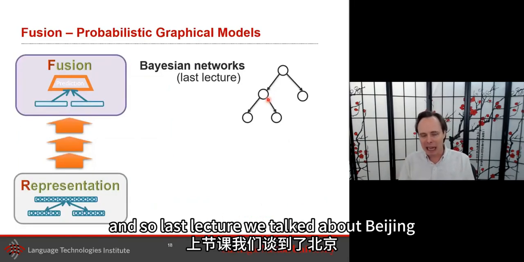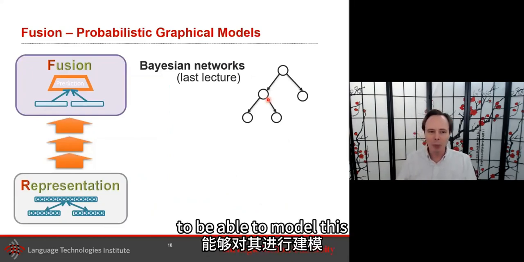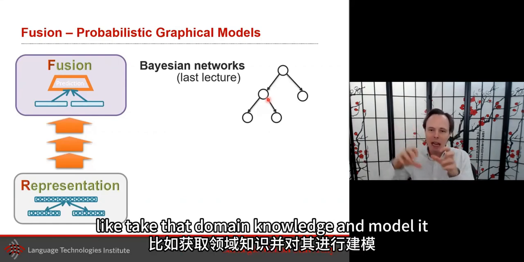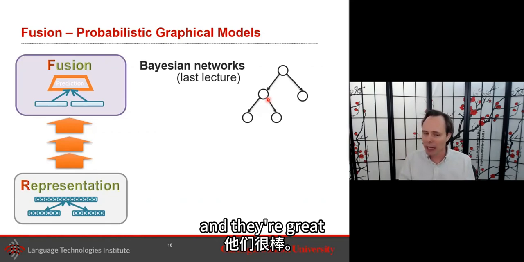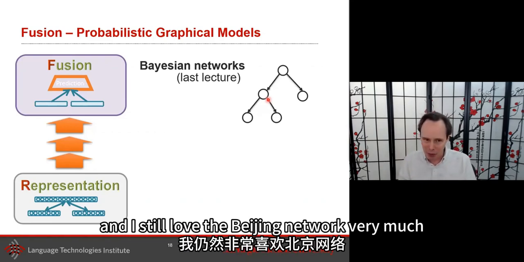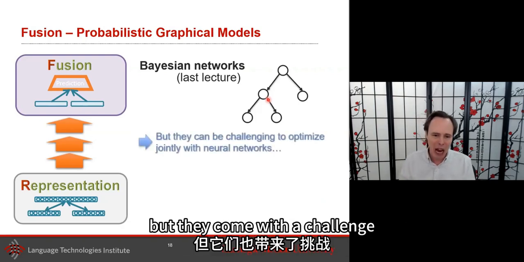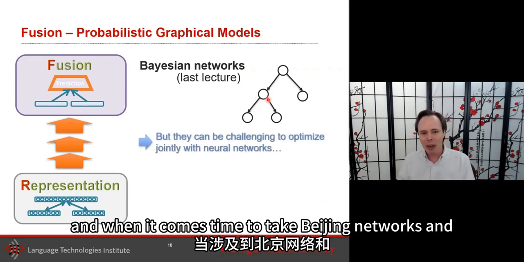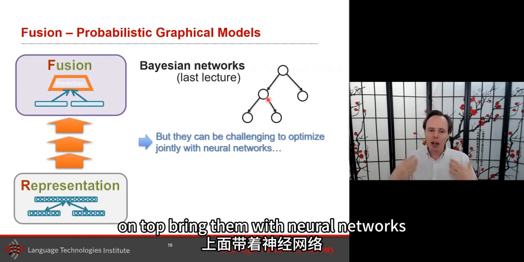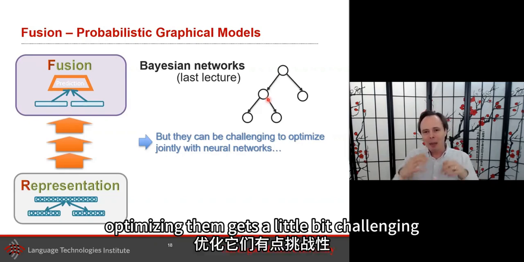Last lecture, we talked about Bayesian networks as a way to take that domain knowledge and model it. They're great, and I still love Bayesian networks very much, but they come with a challenge. When it comes time to bring Bayesian networks together with neural networks, optimizing them gets a little bit challenging.